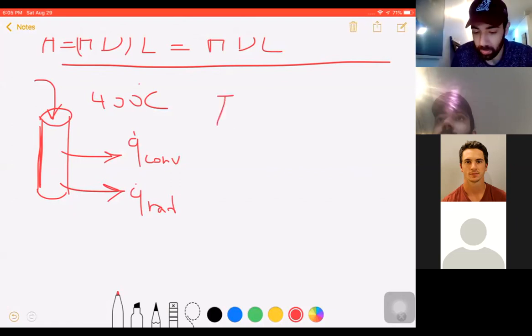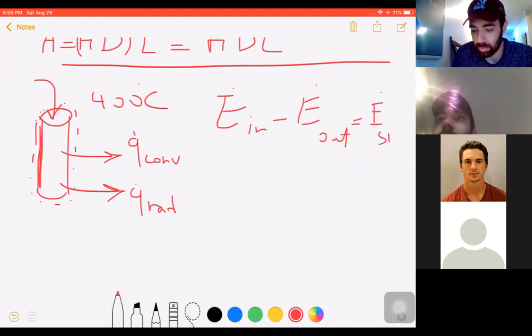So if I write the energy equation for the boundaries around this tip, the change in the amount of inside energy is equal to 0. So everything that is coming inside is going out.